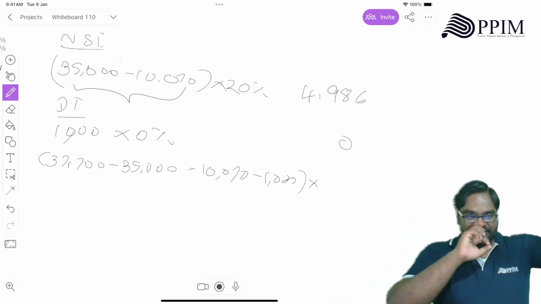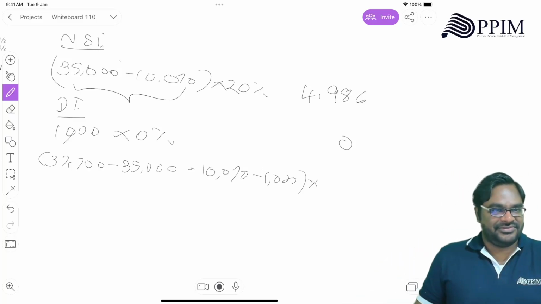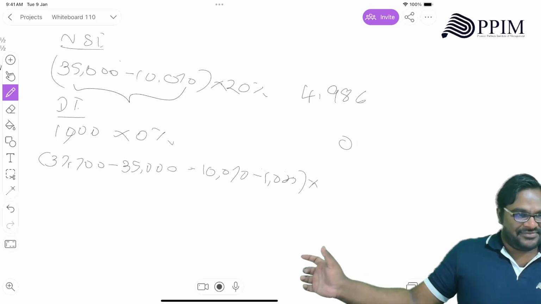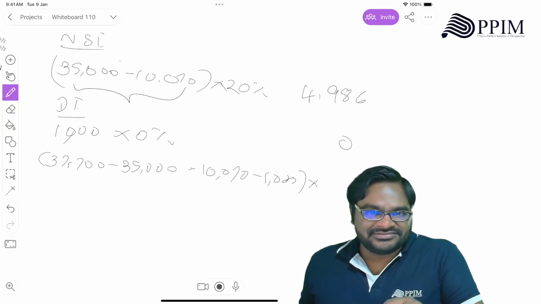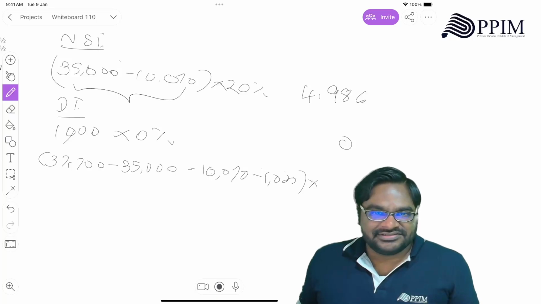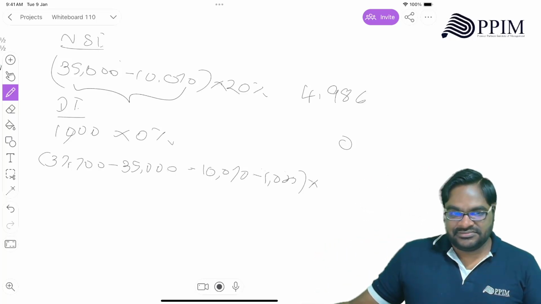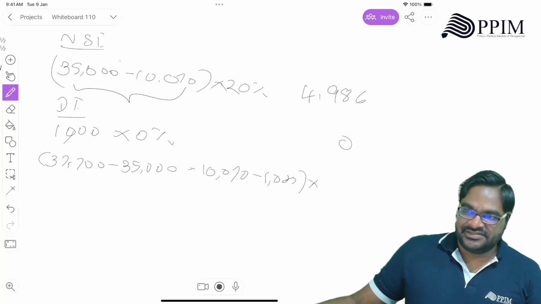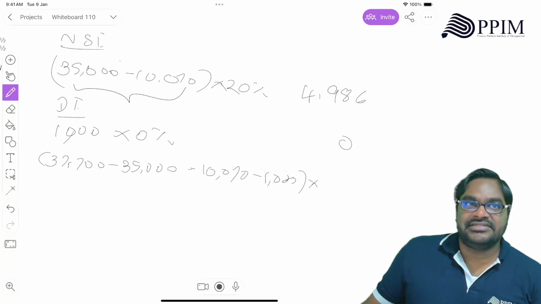So if I go for the long and lengthy calculation, I have my taxable non-savings income. That is what I am going to deduct from the basic rate band to figure out how much is the remaining basic rate band. So the gap between these two would be my taxable non-savings, right? Yeah. So that's what I need to deduct. You can just get the gap. 37,700 is the limit. 35 is the salary.